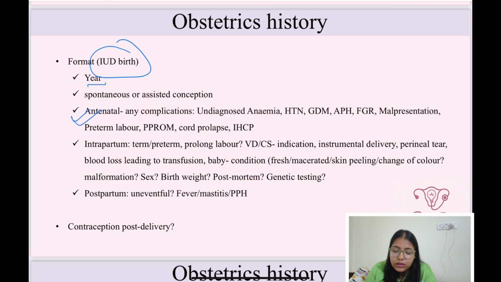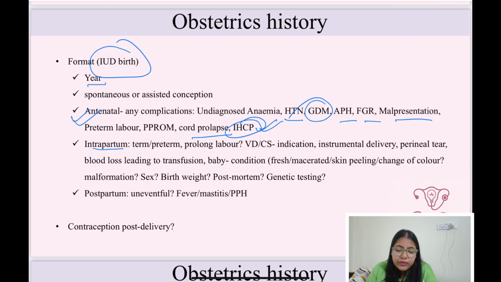You should ask if there was a history of raised BP record, or her blood sugars were very deranged, if she had any APH, antepartum bleeding, or FGR or malpresentation, and cord prolapse, IHCP. In IHCP there is a chance of stillbirth, so you should be asking about all these conditions.